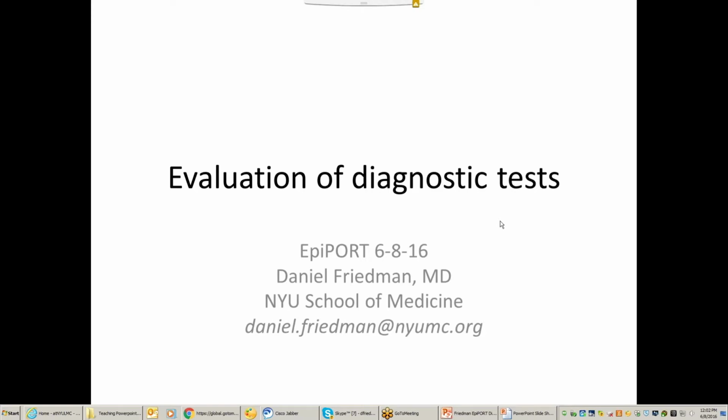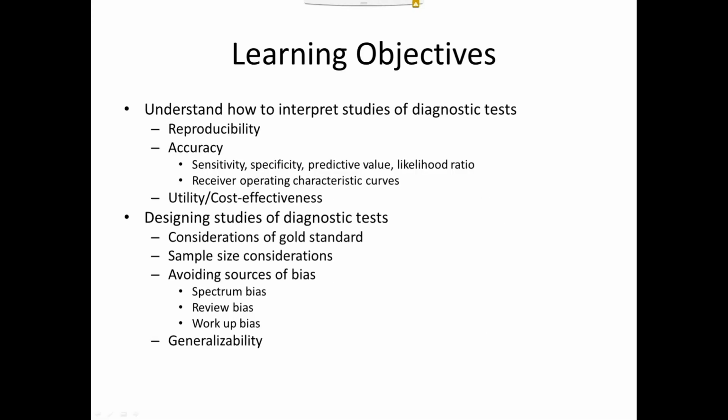The topic of this talk is evaluation of diagnostic tests, and we're going to talk about how to interpret studies of diagnostic tests, including looking at ways of assessing reproducibility and accuracy and utility, as well as some basics in designing studies of diagnostic tests, talking about gold standards, sample size considerations, and potential sources of bias, and speak about generalizability at the end.